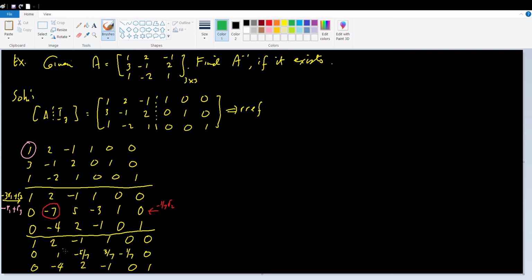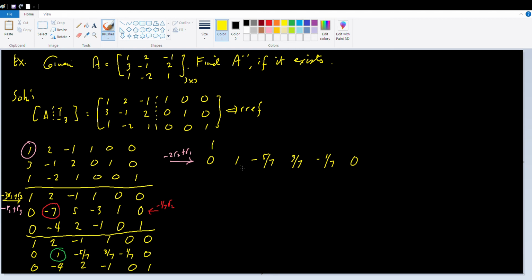So this is now a leading entry. So we rewrite the second row. 0, 1, negative 5 over 7, 3 over 7, negative 1 over 7, and 0. And we shall multiply this by negative 2. Negative 2 to row 2 plus row 1. So negative 2 times 0 is 0 plus 1 is 1.